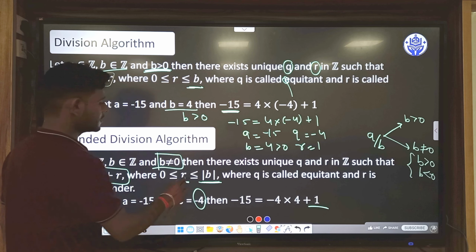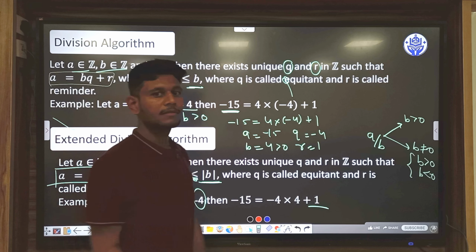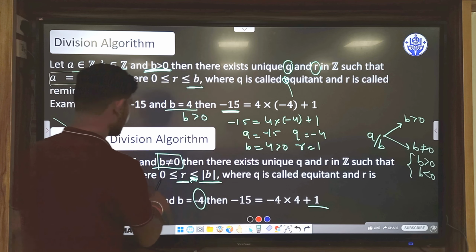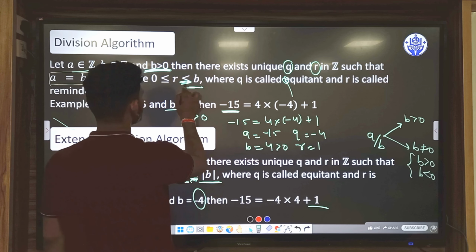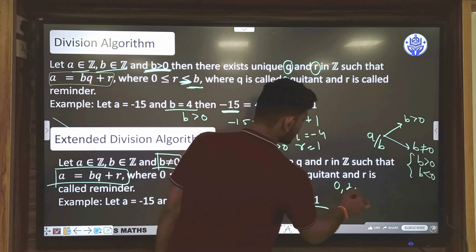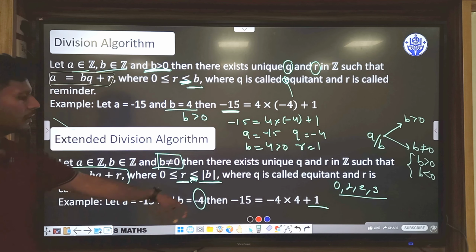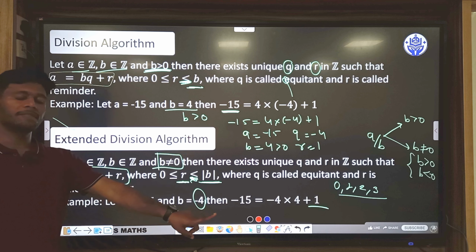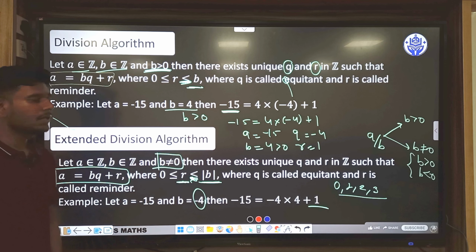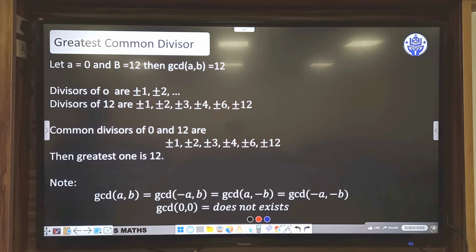There is no equality here, it is just less than that. 0 can be there, but 4 will not be in the remainder. If the remainder reaches 4, it shifts to the quotient. This is the simple concept of the division algorithm.